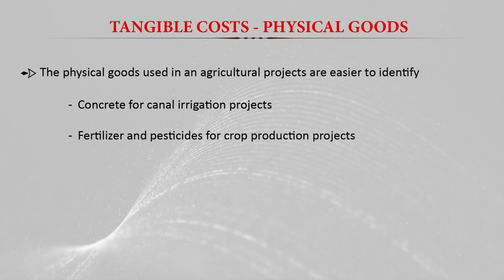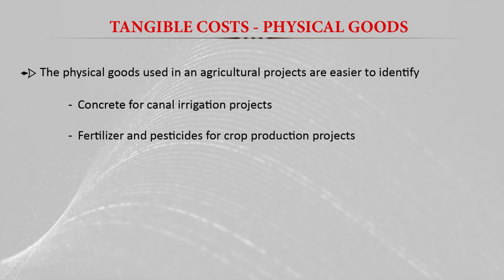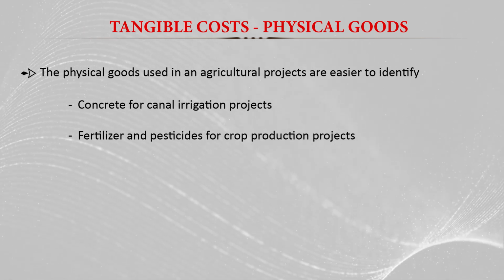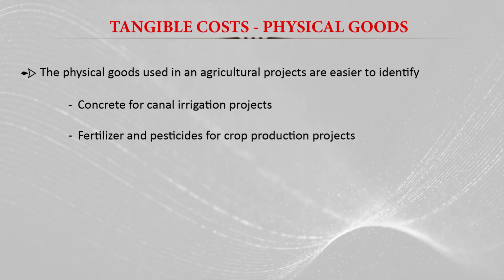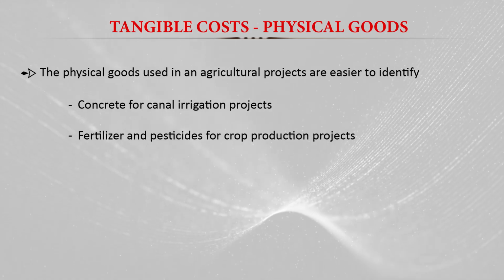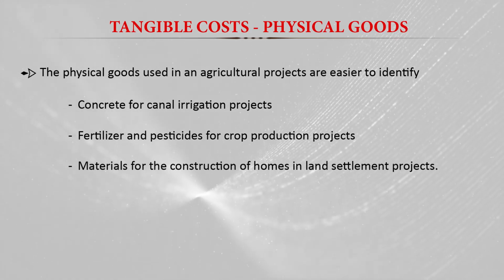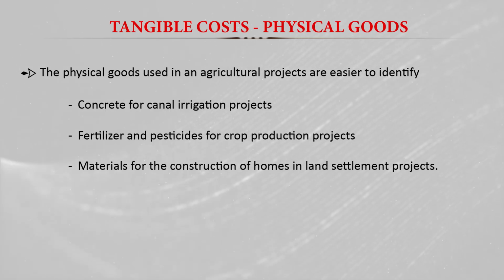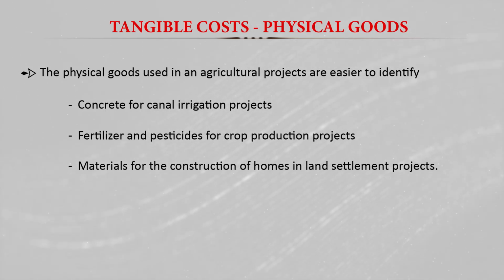The same goes for fertilizer and pesticides for a crop production project, or material for the construction of homes in a land settlement project. They are basically tangible costs in a project.